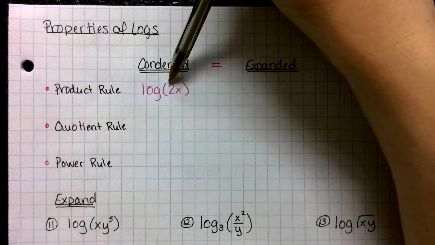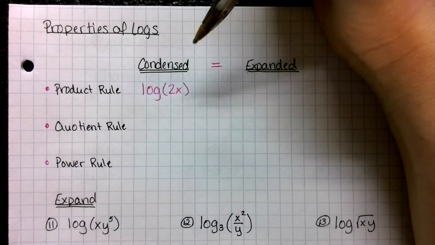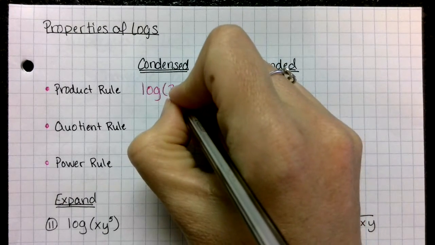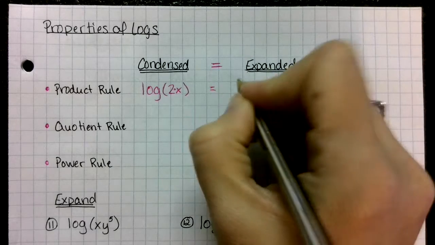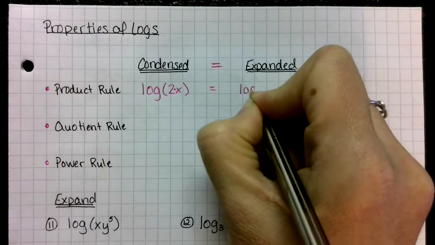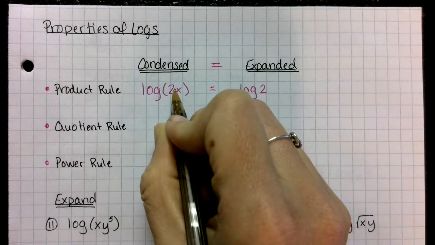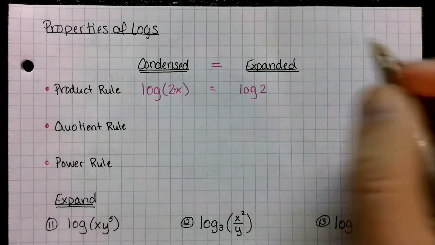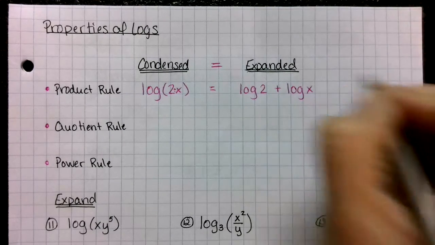Now, you guys know that when we have these two things written side by side, 2x, what property is that implying? That's implying multiplication. So log of 2 times x gets expanded, and what we do is we break this apart into two separate logs based on the multiplication. So it's log of 2 plus log of x.